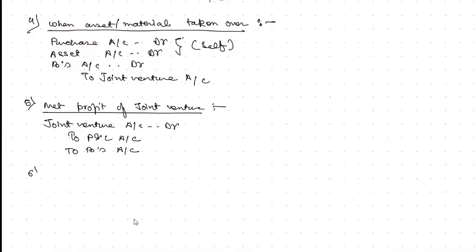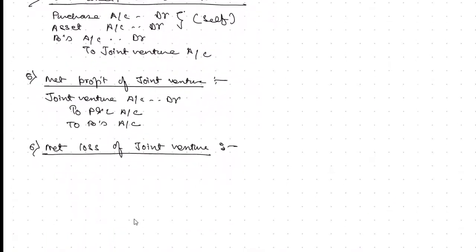Similar entry if there is net loss. Okay. If you are not getting it right now, no worries. Once we move on to the illustrations, then that will be more easy to understand. तो जब लॉस हुआ तो खुद के अकाउंट में जाएगा तो प्रॉफिट एंड लॉस अकाउंट, B के अकाउंट में जाएगा तो B's अकाउंट. जॉइंट वेंचर तो जाएगा ही.